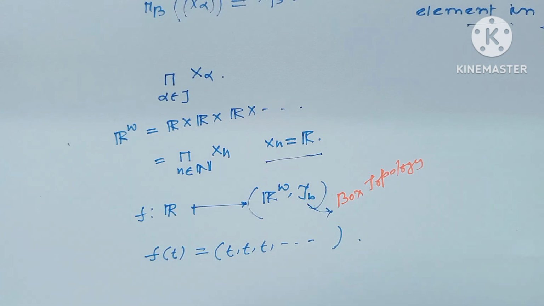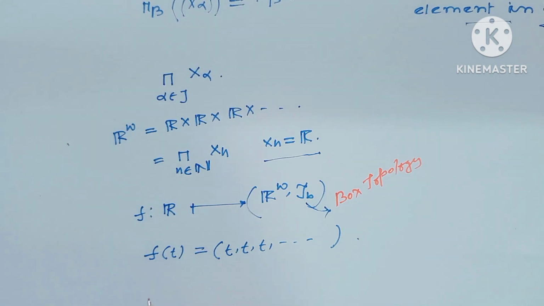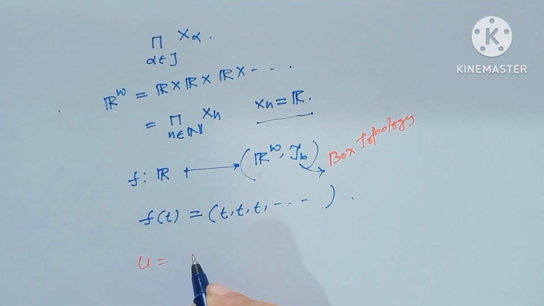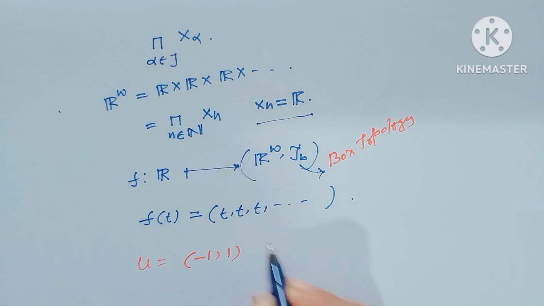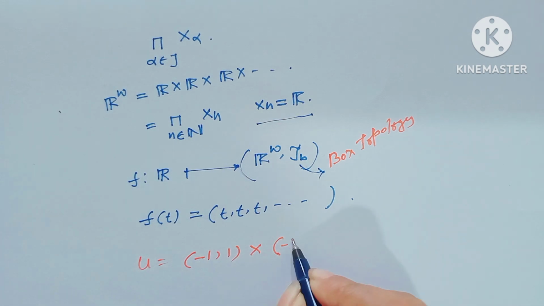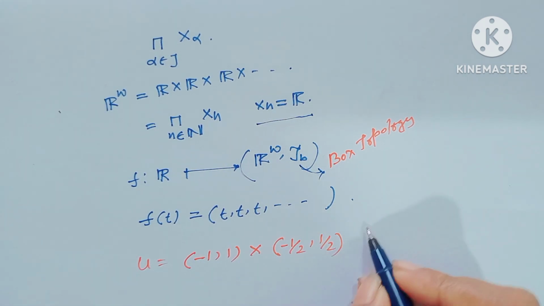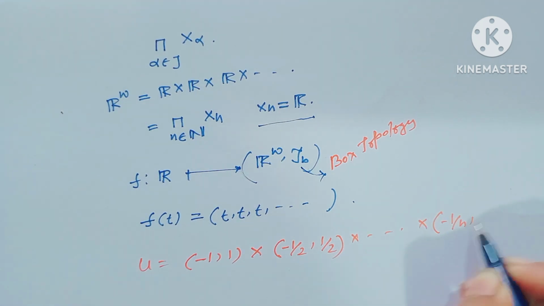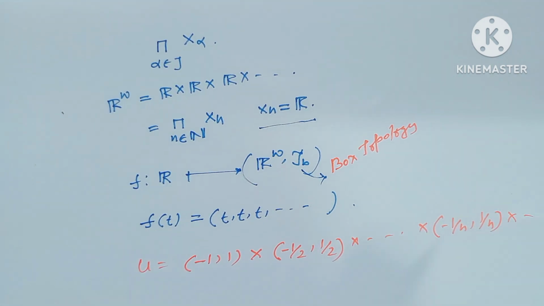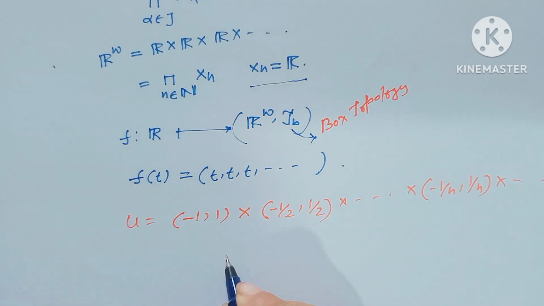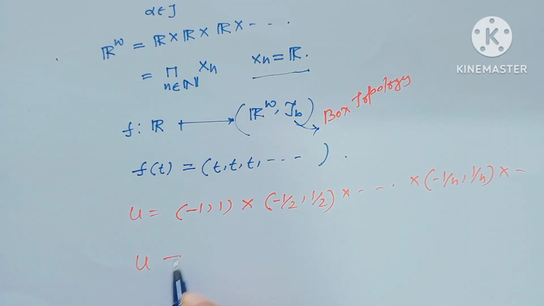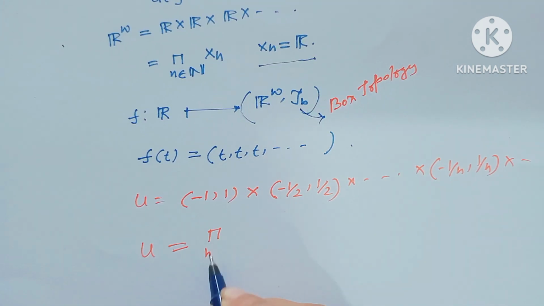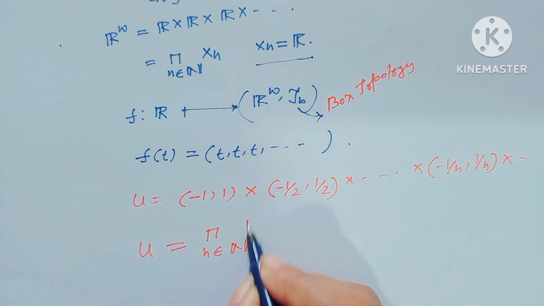A few minutes ago I said the box topology is generated by a collection of open sets. That means here U equals (−1, 1) × (−1/2, 1/2) × ... × (−1/n, 1/n) × ..., and U equals the product over n belongs to the natural numbers of Un.